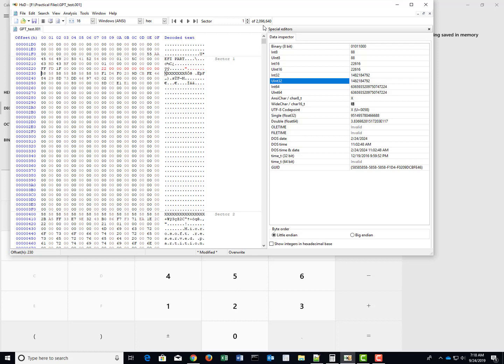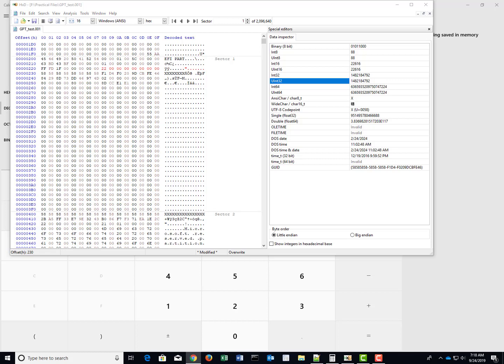The last sector has the backup header. The 32 sectors before that are the backup of our partition table. So 34 sectors back is the end of the last usable page out of our book. So if I just take this value and subtract 34 from it, I will get our value.